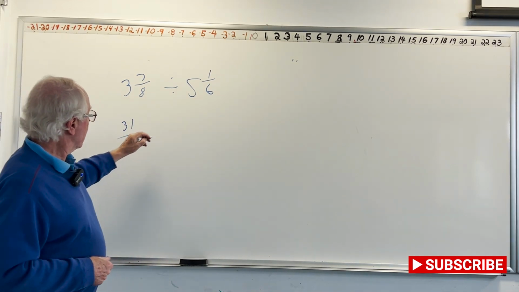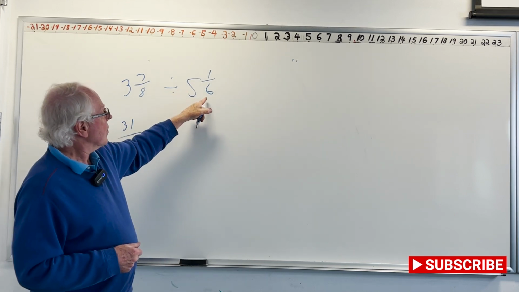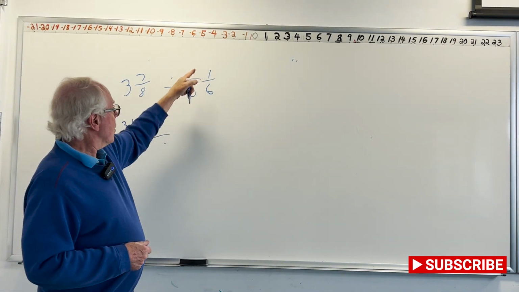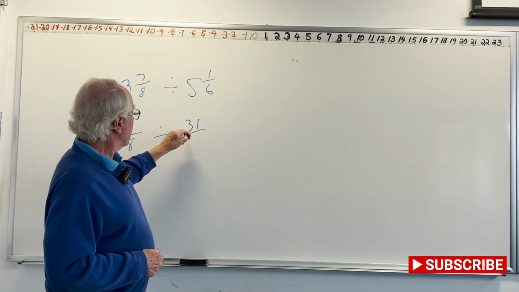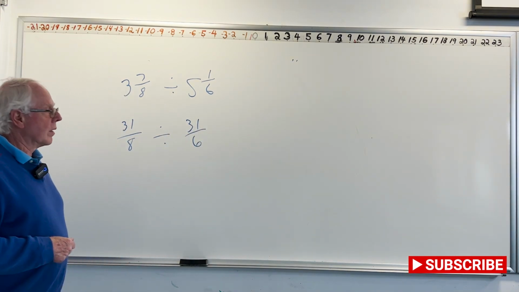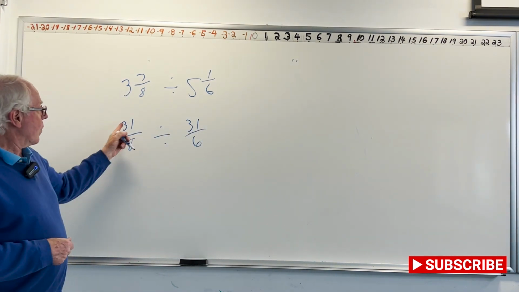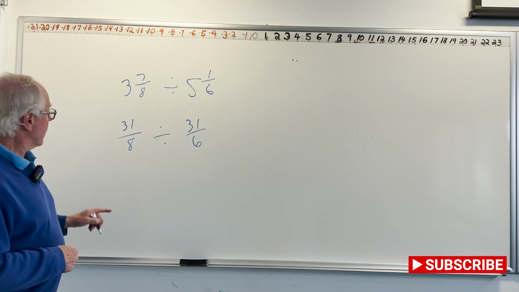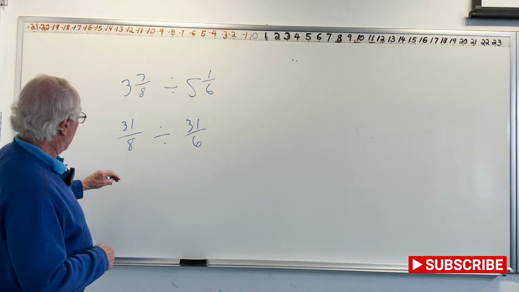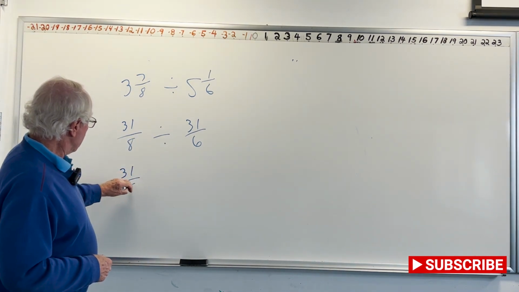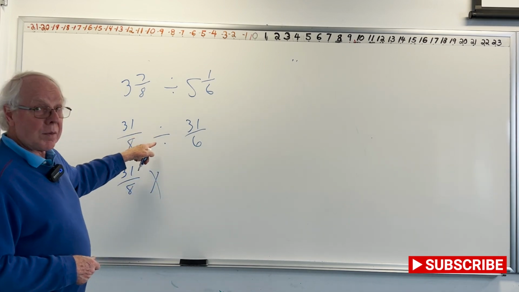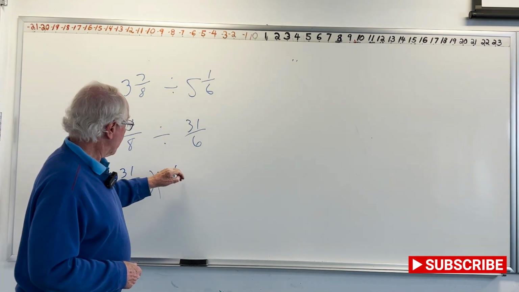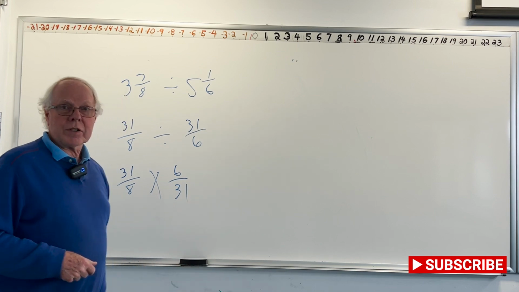Not too bad. Divided by 5 times 6 is 30, plus 1 is 31/6. Looks terrible, right? I don't want to multiply 31 times 31. So we'll switch it and see what happens. 31/8 times 6/31. Ooh, now it looks a lot different.